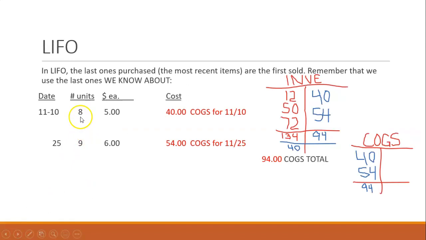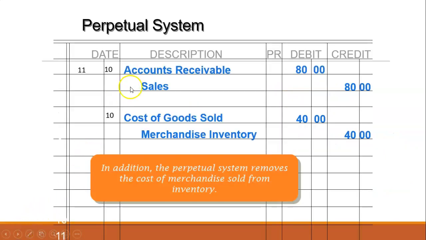So 8 units at $5 a piece, 8 times 5 is $40. That's our cost of goods sold for November 10th. If we do our journal entry, we still have the sale part on the 10th, where we debit accounts receivable or cash and credit sales for the $80.